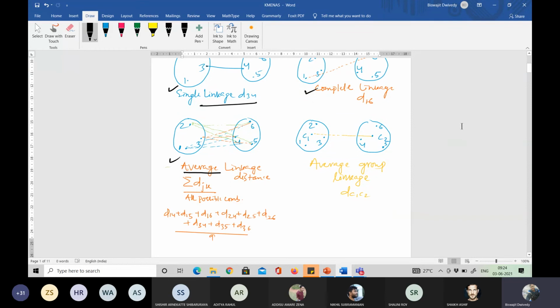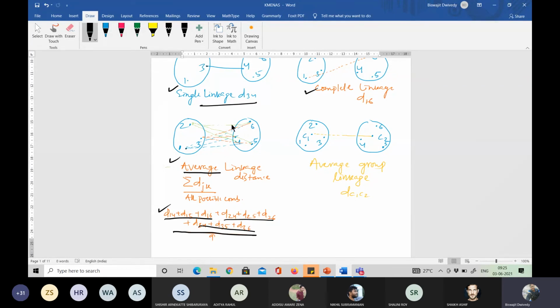Suppose we consider point 1: first we calculate D14, D15, D16. This is one set. Secondly, D24, D25, D26. This is the second set. D34, D35, D36 is the third set. These are all the possible distances between two clusters. I'll take the sum of all these distances and take the average by dividing that by 9.